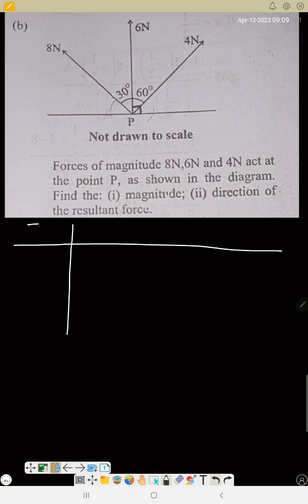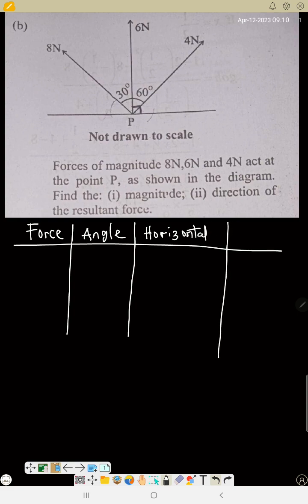So we have force, angle, horizontal components, vertical components. So the horizontal component x, vertical components y.